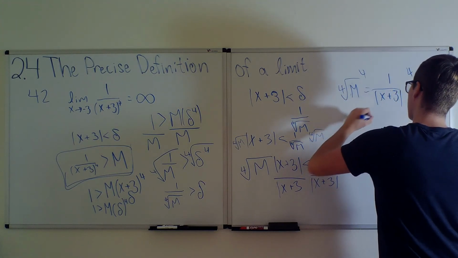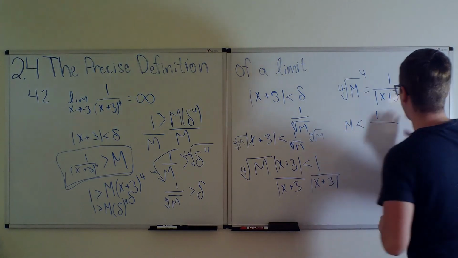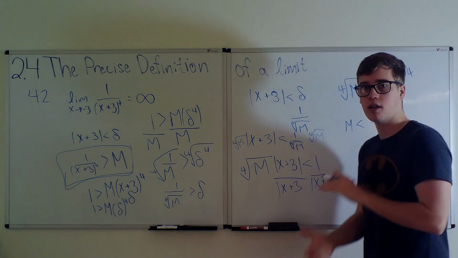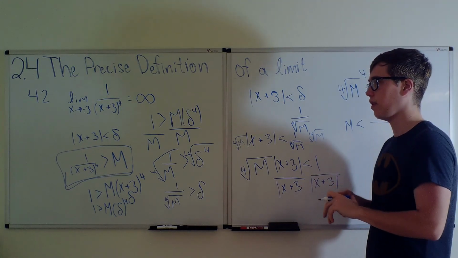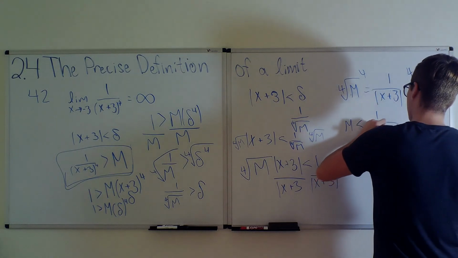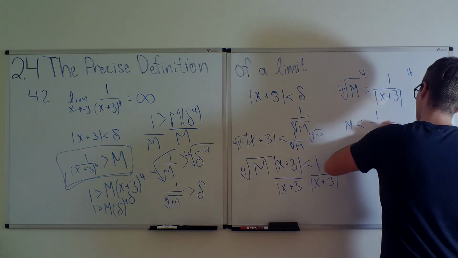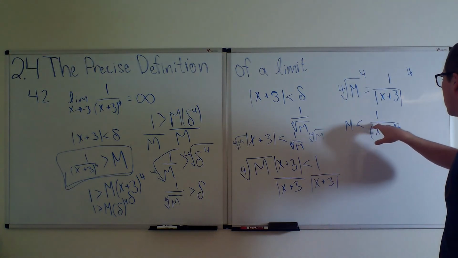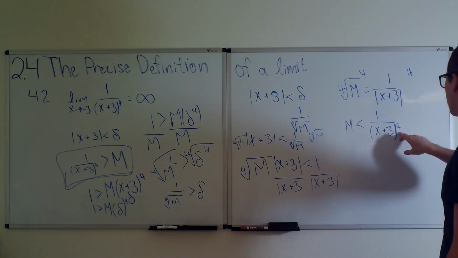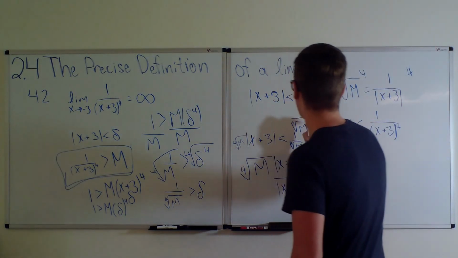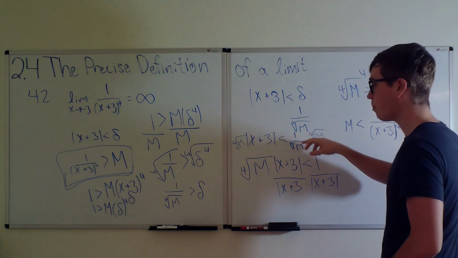M is less than 1 over, and because these are absolute values and that's to the 4th power, that will always be positive, because even roots are always going to be positive, so you can get rid of the absolute values, and then you just have (x + 3)^4. So then you have M is less than 1 over (x + 3)^4, when you have delta equal to 1 over the fourth root of M.